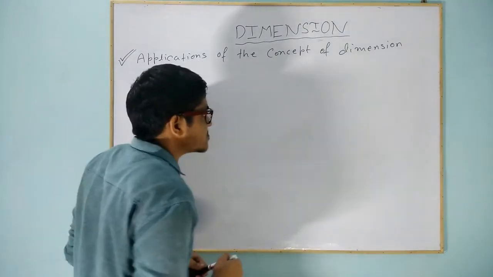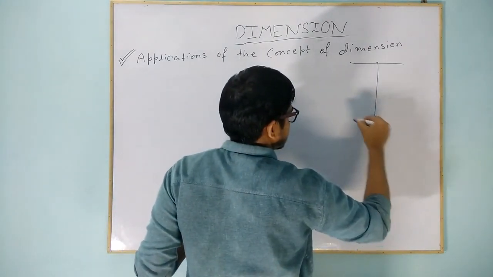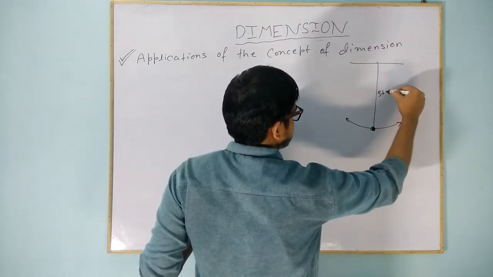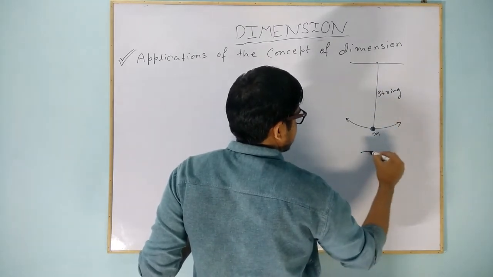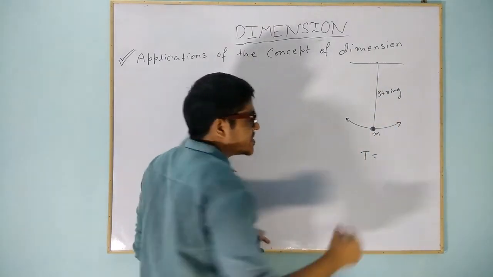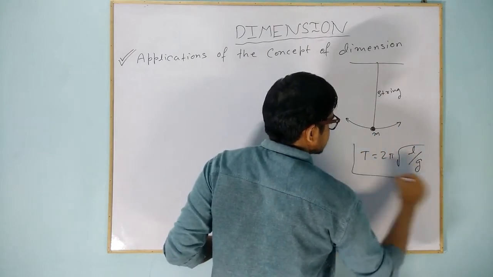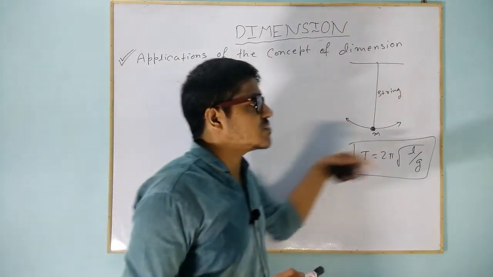Let's see how. We know that this is a simple pendulum, this is the string, this is a bob of mass m. The formula of time period is 2 pi root under L by g. This is the formula of time period of this bob in simple harmonic motion.